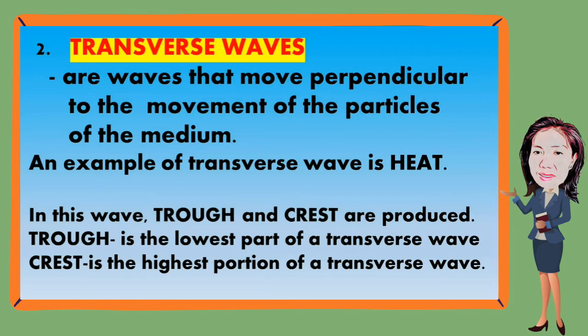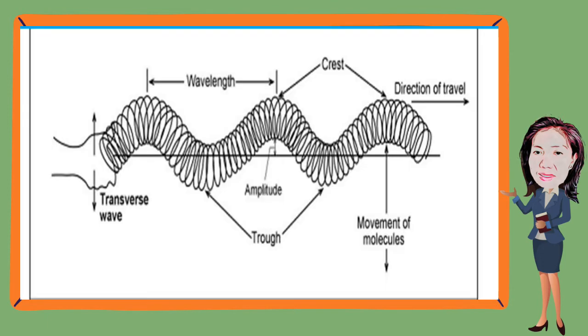Okay, so balikan natin. So in this wave, trough and crest are produced. So meron siyang lower portion, that is the trough, and the higher portion of the wave is the crest. So this one is the highest portion of the transverse wave. These are the crests.